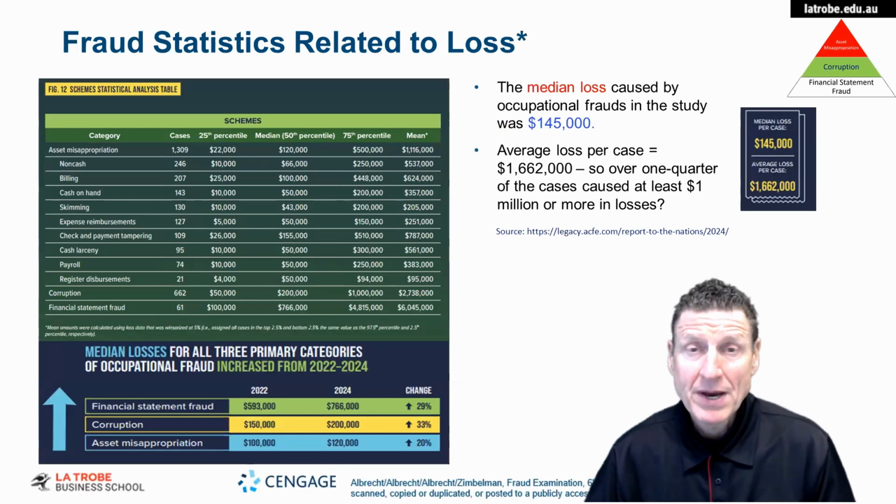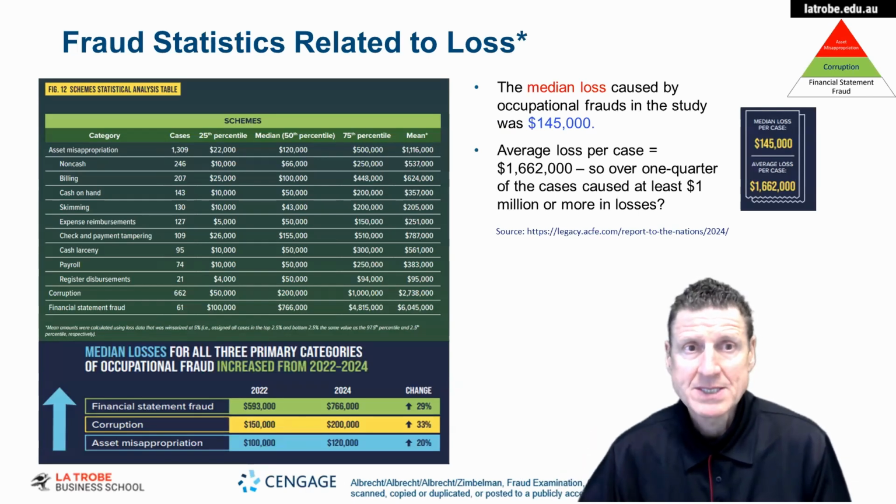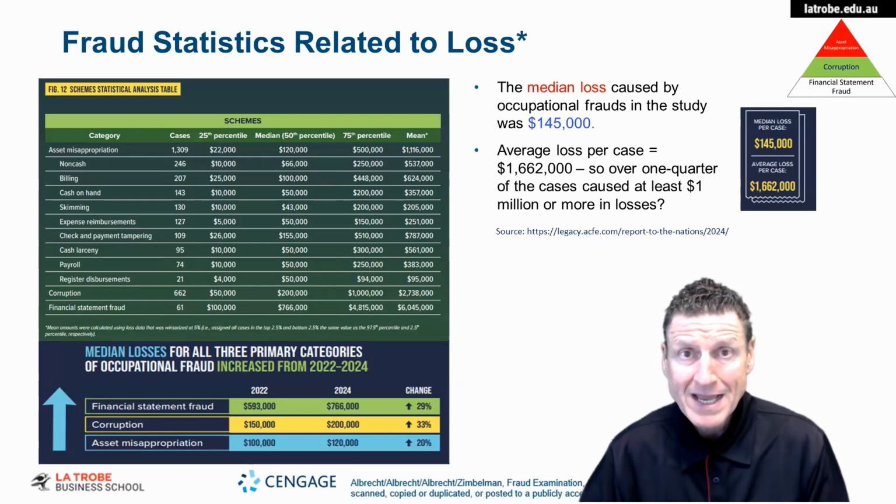So what do we mean by occupational fraud and the fraud statistics related to the loss? If we break down occupational fraud into asset misappropriation and corruption, you can see that out of the 1,309 asset misappropriation cases, a lot of them are related to non-cash billing, cash on hand skimming, and expense reimbursements.